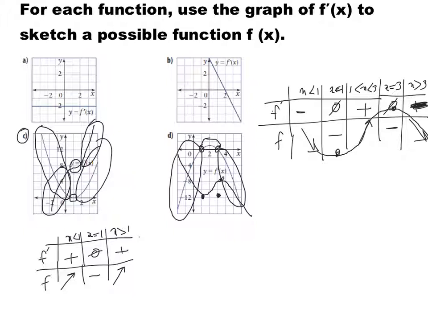So this point, which is the maximum, corresponds to here, 3. This point corresponds to minimum, which is this point, and the function is decreasing here, and the function also is decreasing here, and it is increasing in this region.